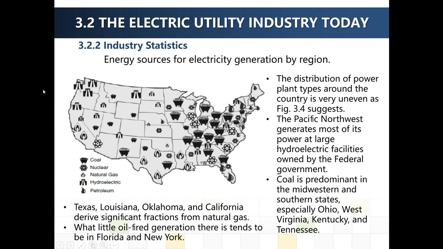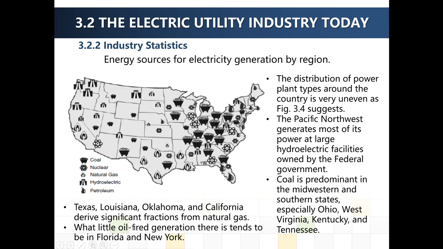The Pacific Northwest generates most of its power at large hydroelectric facilities owned by the federal government. For example, the Bonneville Power Administration operates major hydro facilities and produces a significant amount of hydropower in this northwest region.